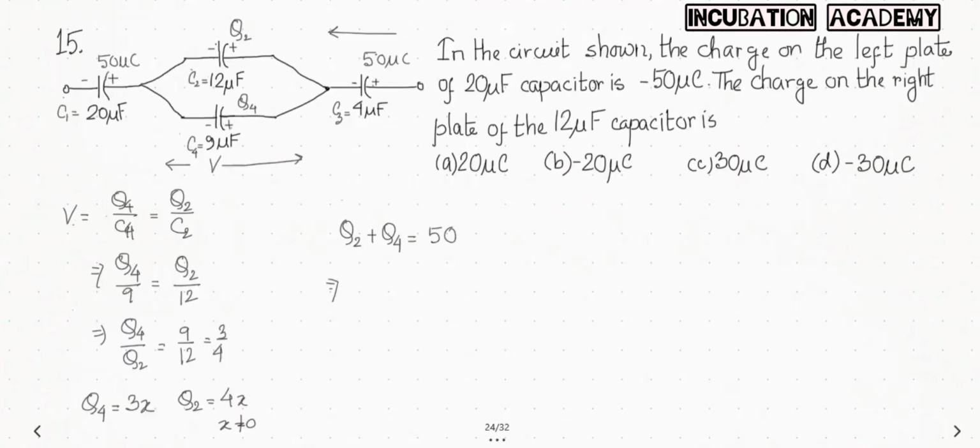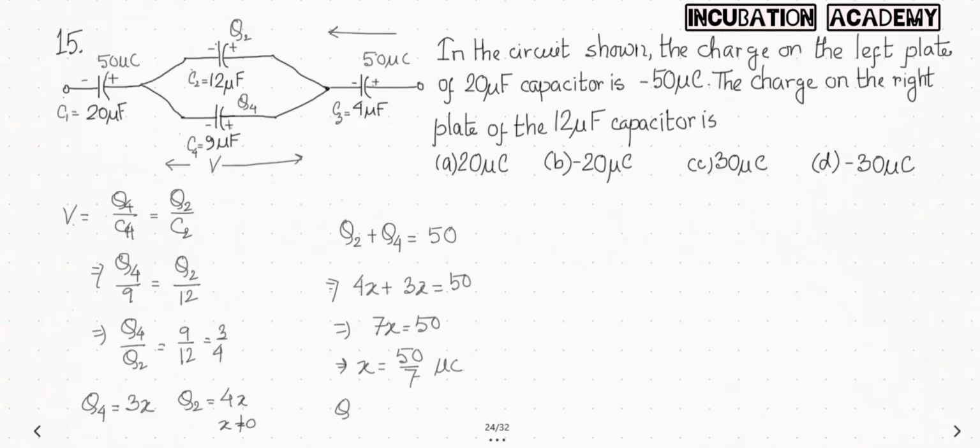Q2 is 4x and Q4 is 3x, so that is 50 microcoulomb. 7x equal to 50, so x equal to 50 divided by 7 microcoulomb.